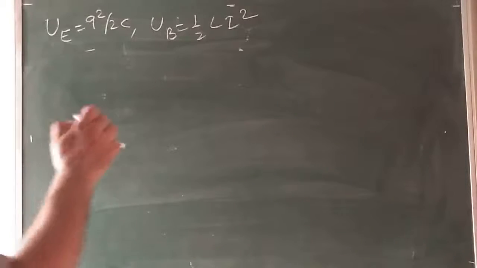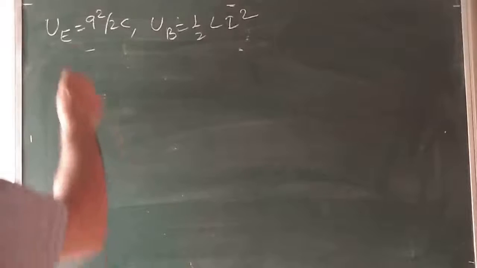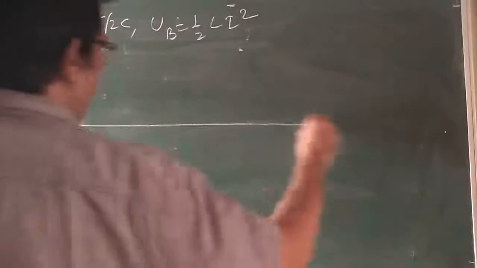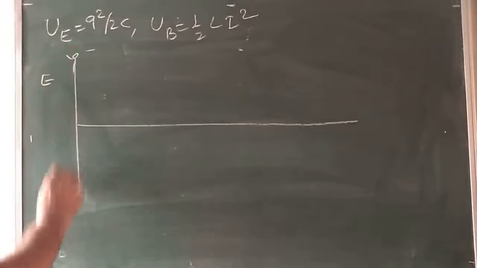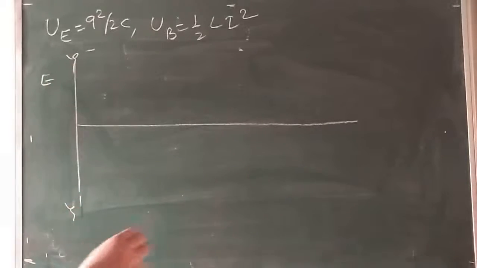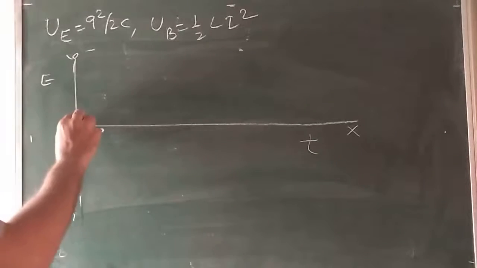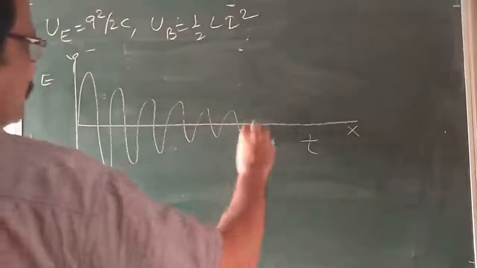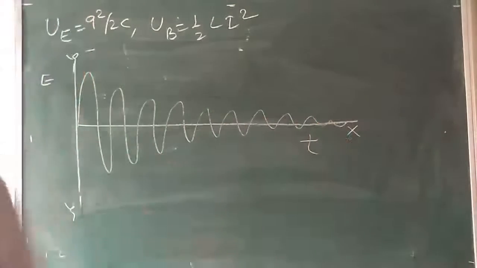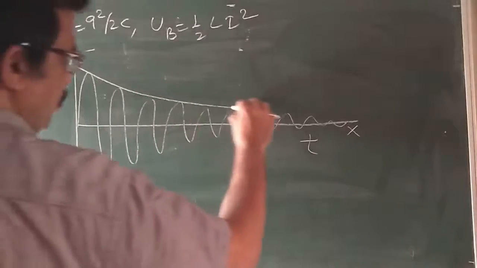Here it is energy, here it is y, here say it is y dash. This is our x-axis, here is the time, and the oscillations are something like this, in this manner. So we can see that the energy goes on decreasing.